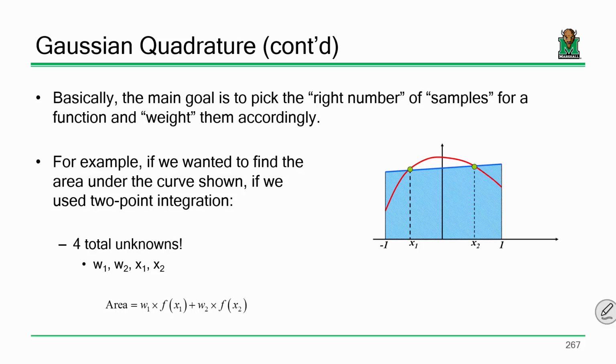So we have 4 unknowns. If you're dealing with 2-point integration, you have 4 unknowns, the 2 sampling points and the 2 weights. What I mean by that is, our limits are from -1 to +1, but there's some magic set of points in between that range that we evaluate the function at, and then when we find those points, how much do we weight them?